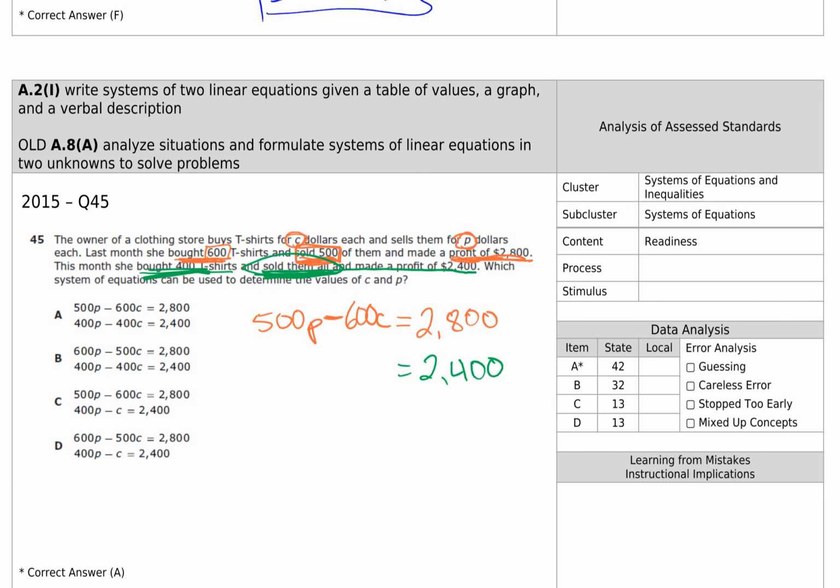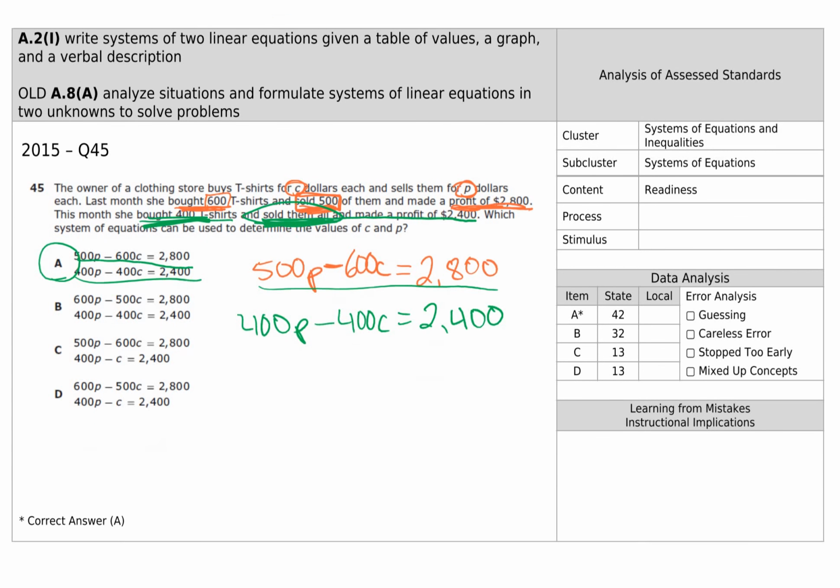She bought 400, so that's how much she spent out. 400 times C, the cost to buy it, and she sold all 400 for a certain price. Then we check our answer choices to see which ones match. That's 500 P minus 600 C equals 2,800, and 400 P minus 400 C equals 2,400. All right, A works for our answer.